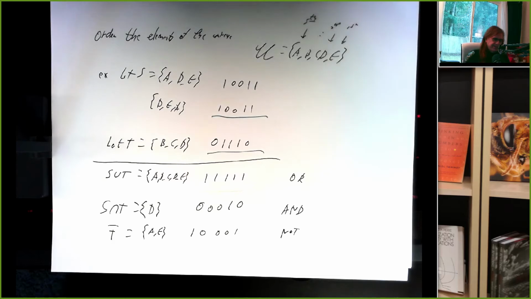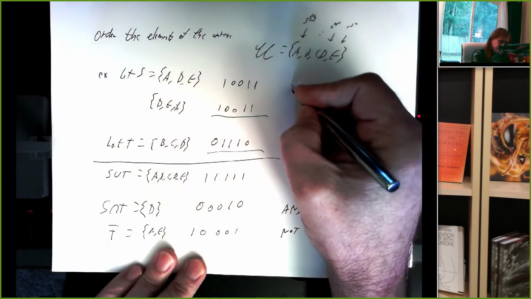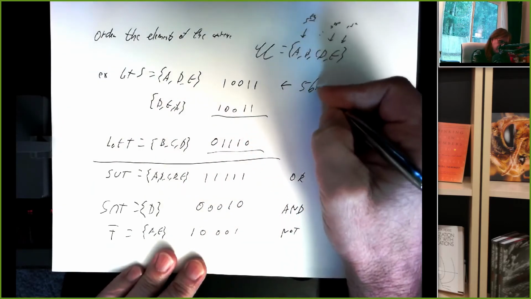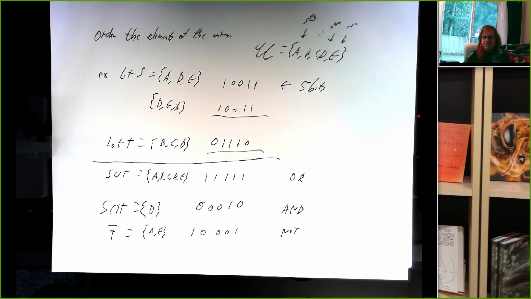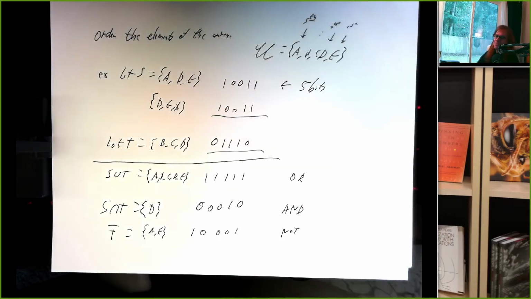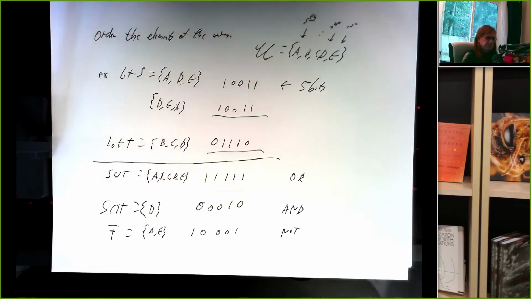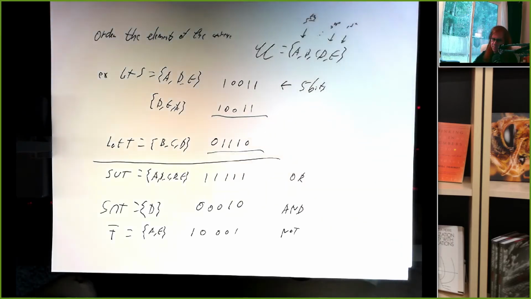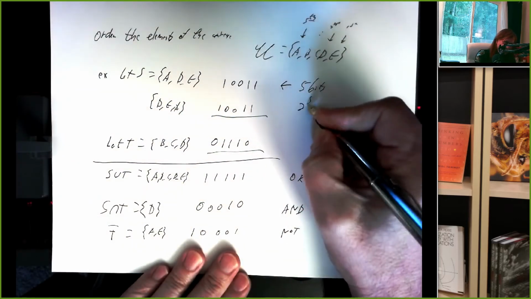One more little ditty. If I've got 5 bits, how many different ways can I write a string of 1s and 0s containing 5 bits? 2 to the 5th.